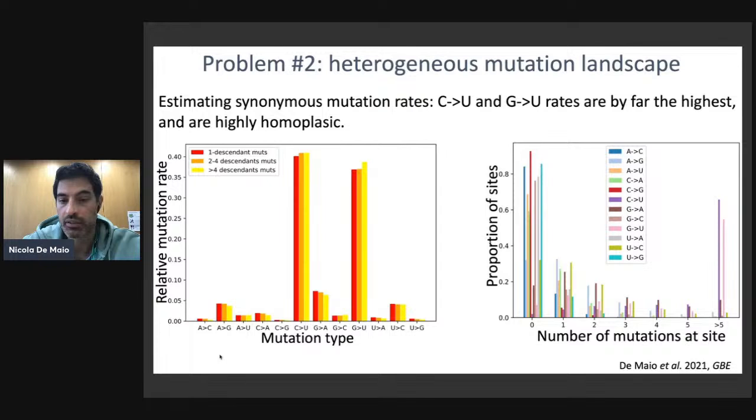We can discard the mutations with just very few descendants, so we cannot count them, to take into account the effect of errors and selection and so on. And what we see is quite striking. So we see that C2U and G2U mutation rates are much higher than all the others. In fact, even hundreds of times higher than most others.